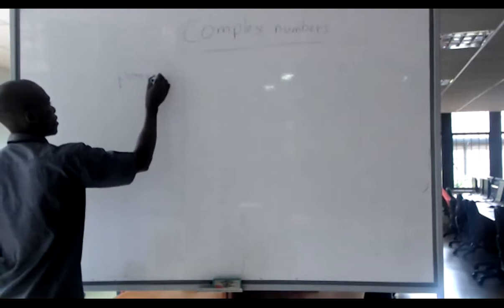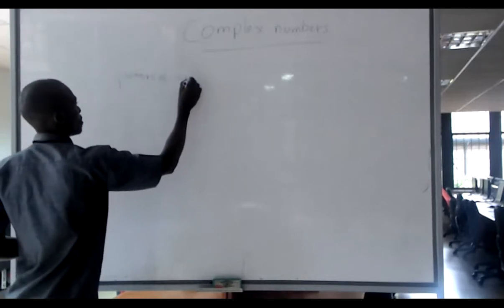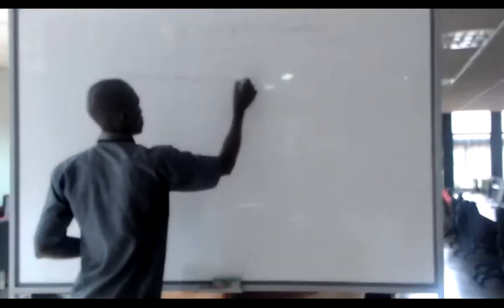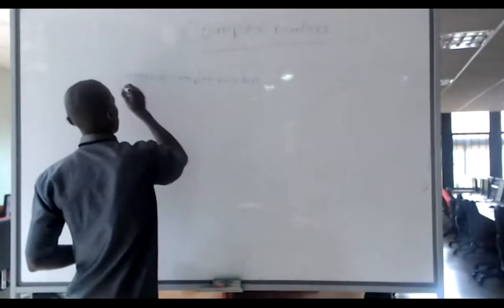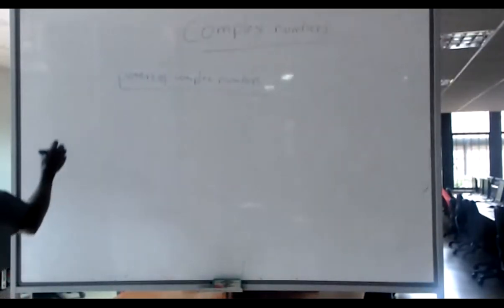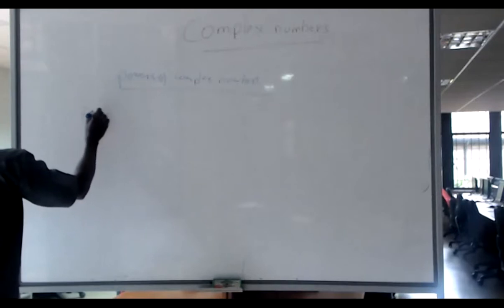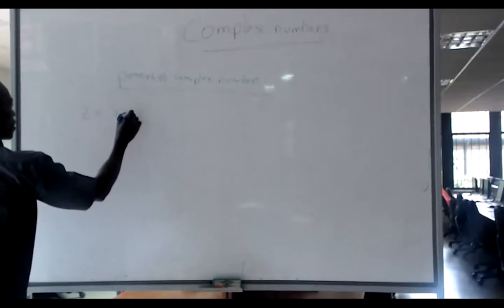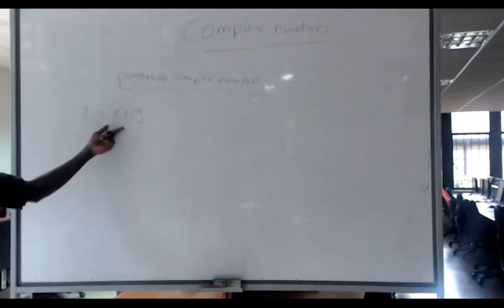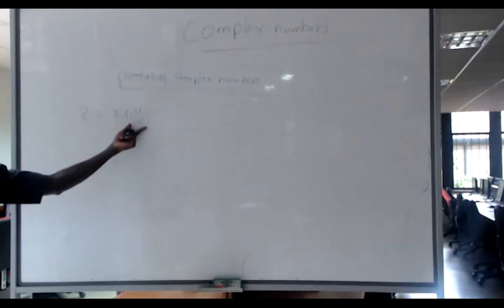Powers of complex numbers. In the rectangular form, we represent a number z as x plus iy, where x is the real part and y is the imaginary part.